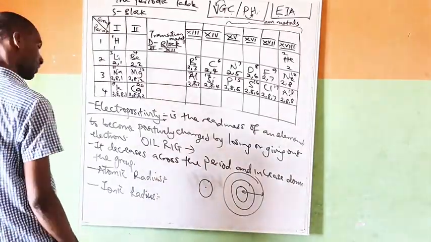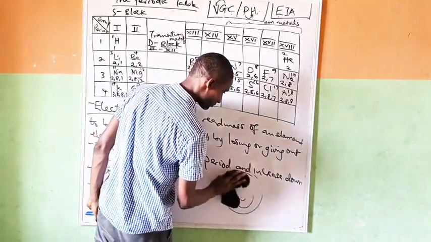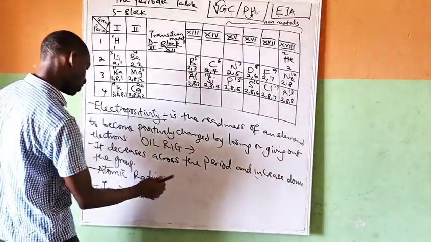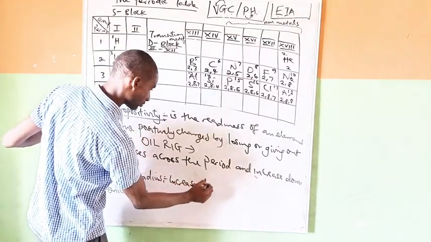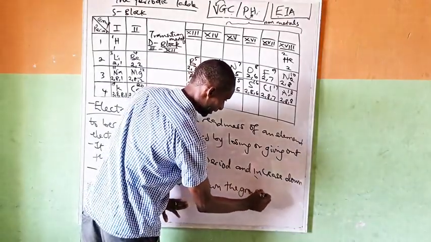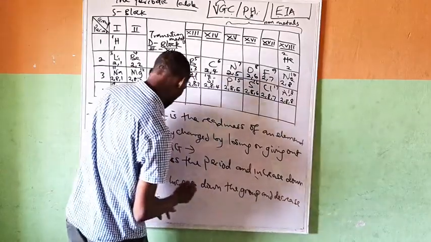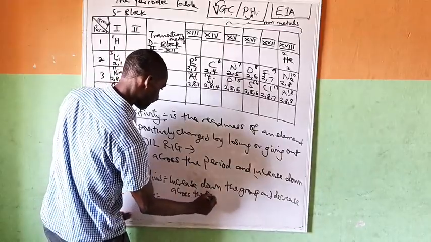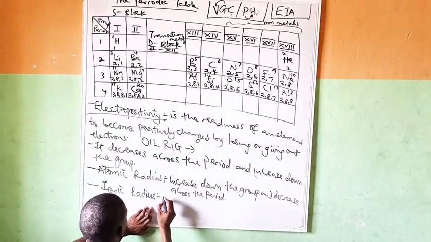Now that is clear. So the meaning of that is atomic radius and ionic radius increase down the group and decrease across the period. Now the same thing applies to ionic radius.